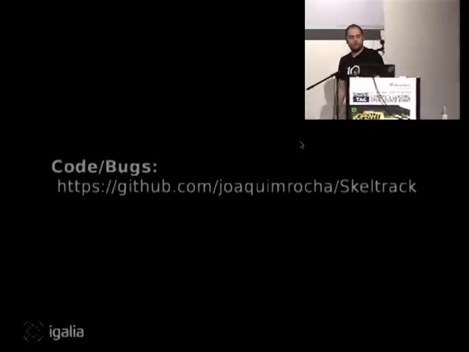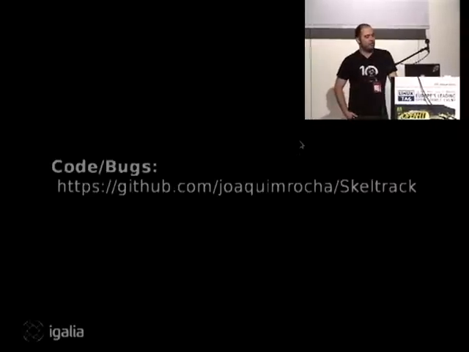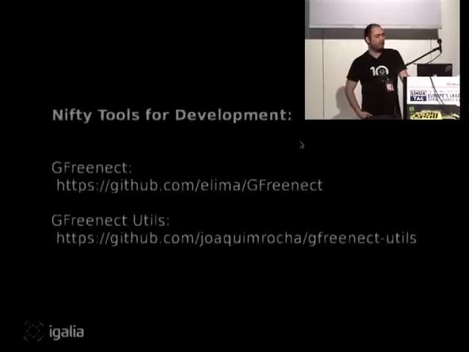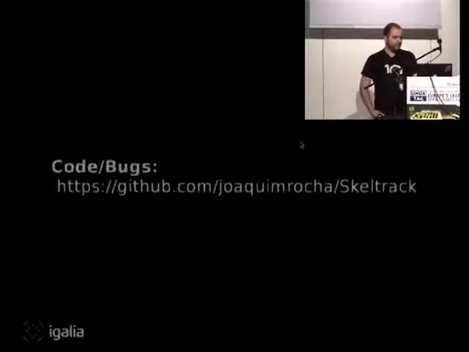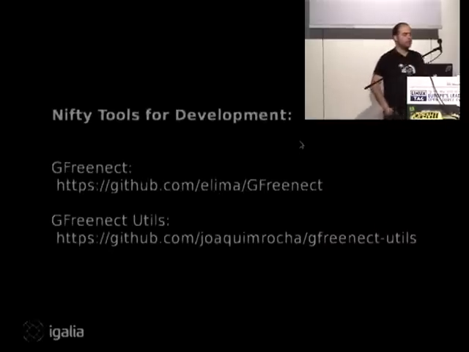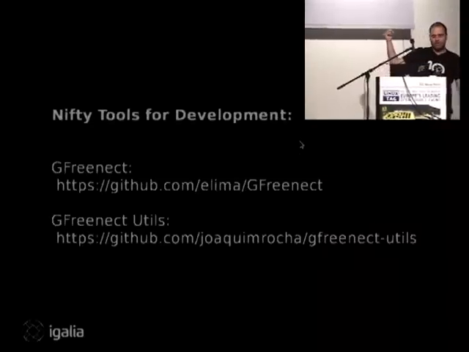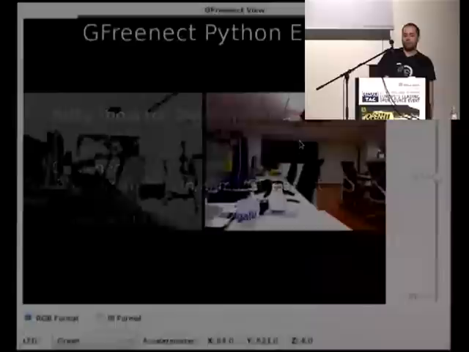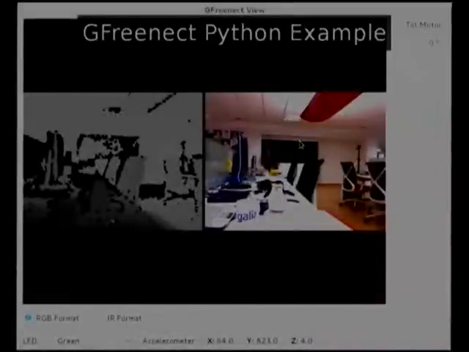So if you want to submit patches or open issues, you got the GitHub in there. If you want to develop with it, you can get the GFreeNect, like I said, and I developed also something called GFreeNect2012, which is cool for developing. So this is the GFreeNect Python example. It's written in Python, and you can control the Kinect using this.